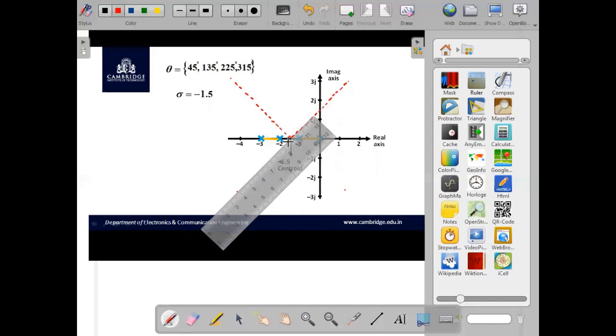Again with sigma as center, exactly at minus 1.5, we now draw the third asymptote, which is at an angle of 225 degree.